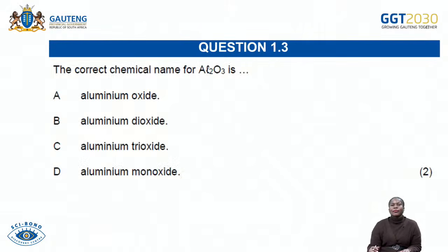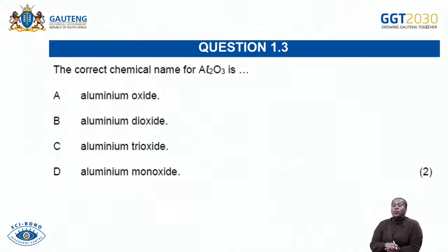potassium nitrate. The correct chemical name for Al2O3. Is it aluminium oxide, or is it aluminium dioxide? That means there would have been just 2 atoms of oxygen, but there's 3 in this case.